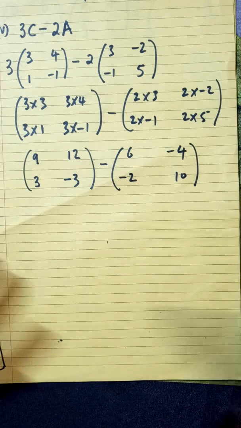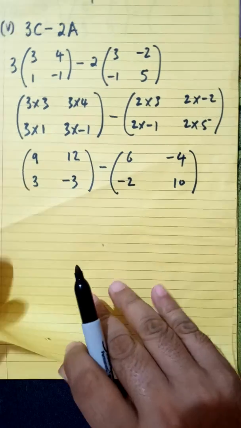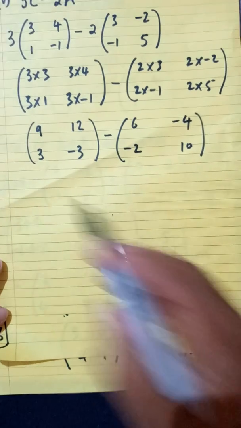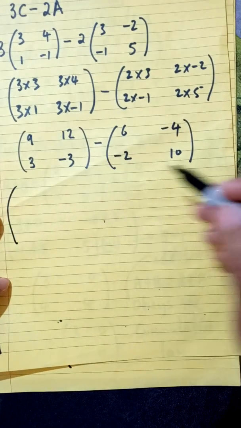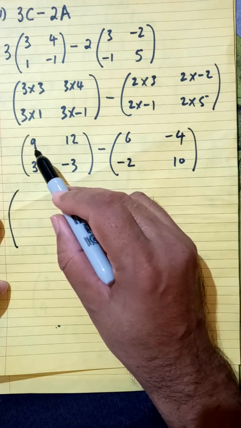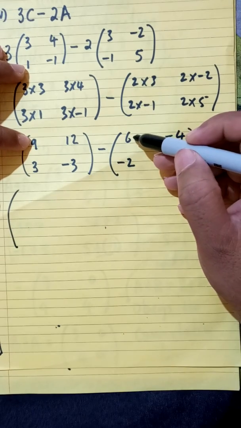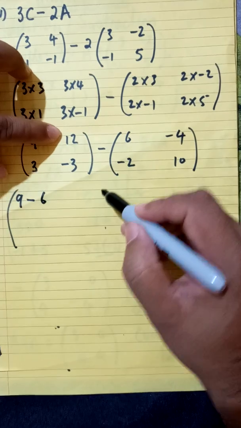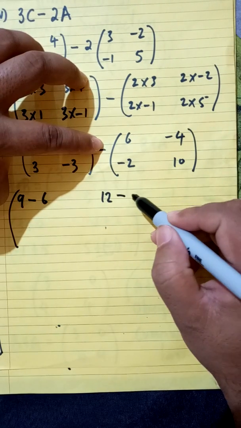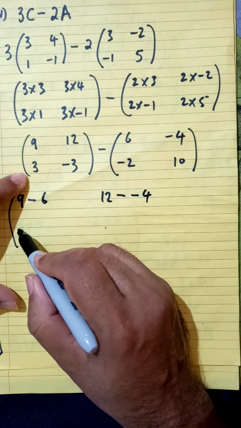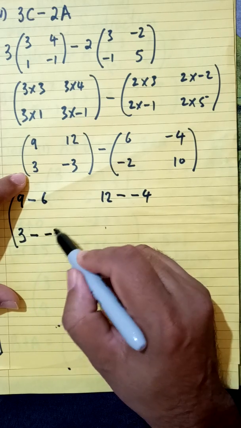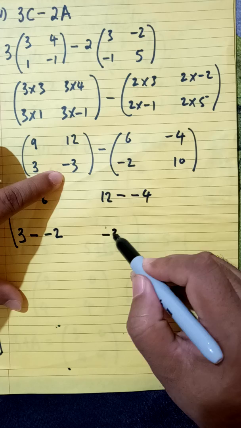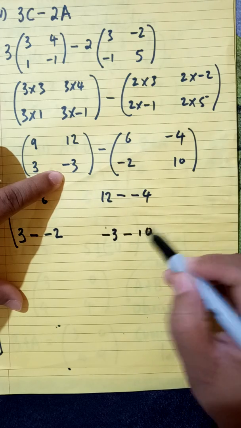And then now, after you finish multiplying the scalar, then we're going to subtract these two matrices. Remember when we're subtracting matrices, we subtract entry by entry. So these two elements that correspond, it's going to be 9 subtract 6, 12 subtract negative 4, 3 subtract negative 2, negative 3 subtract 10.